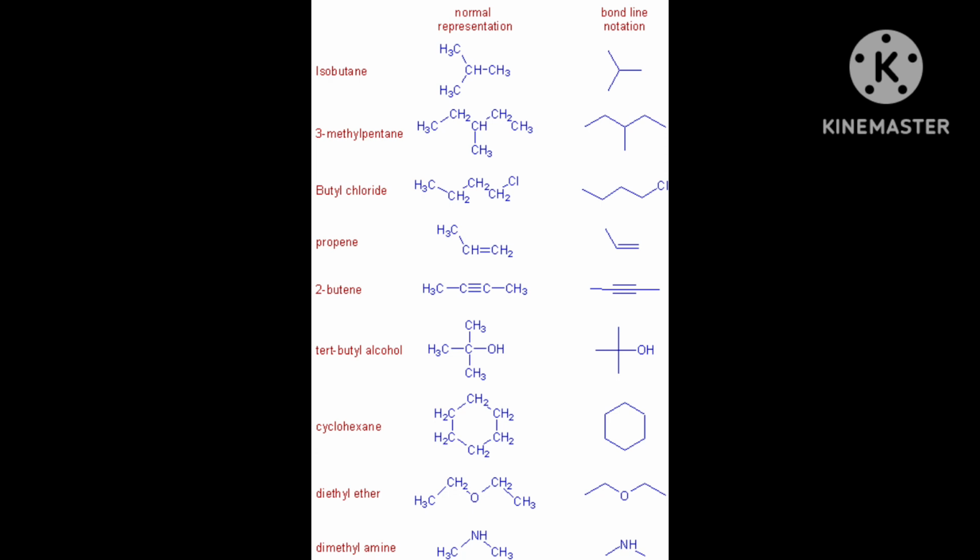But from that point, one line they will draw. It means from that carbon, a CH3 group is attached. Just like 3-methyl octane, you have written, a third carbon methyl group is attached.